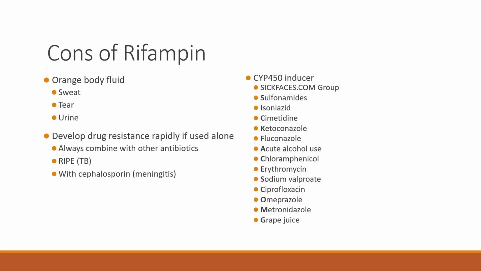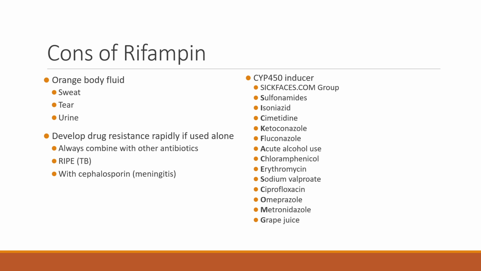There are always disadvantages or cons. When patients come back to you and say they have orange body fluids, they thought they were bleeding, their sweat turned orange, their tears are red-orange, and their urine is a red-orange color, and they panic, then you just have to check their drug list and comfort them.